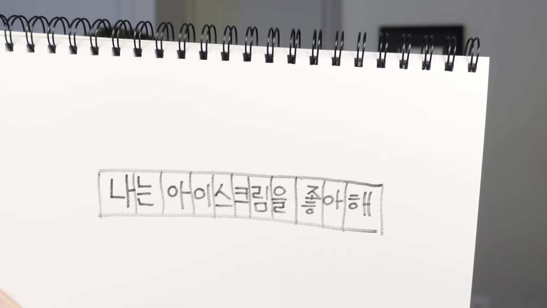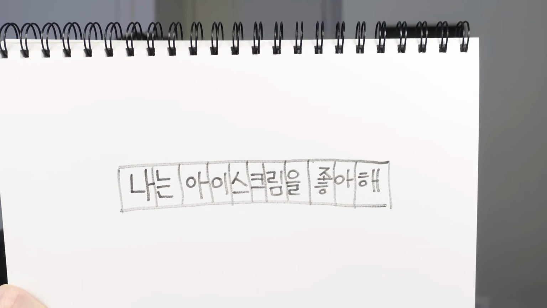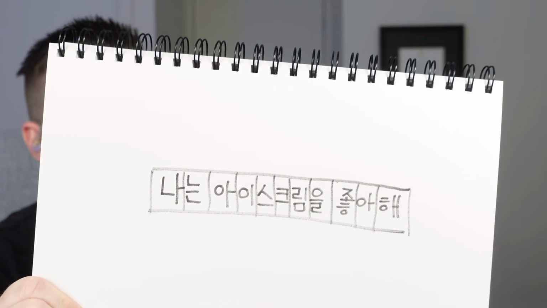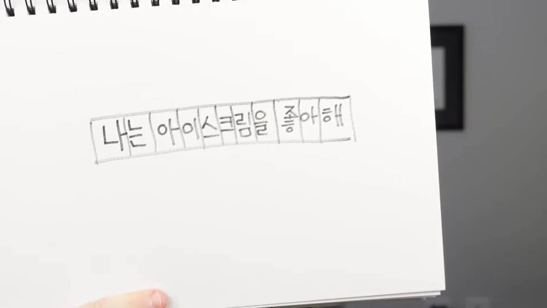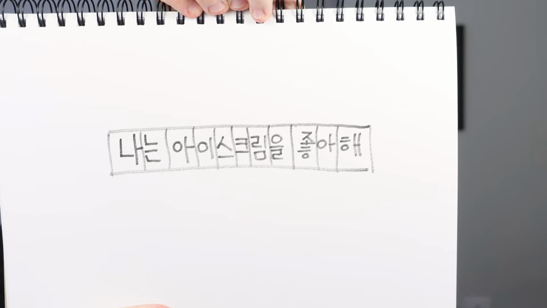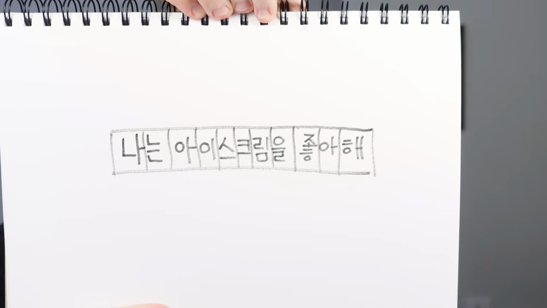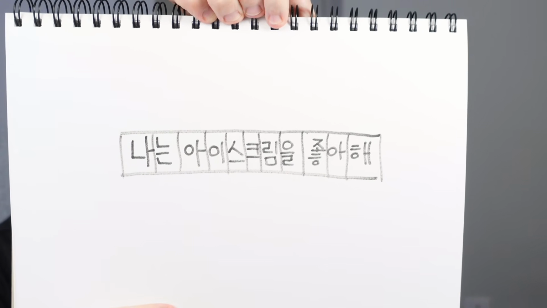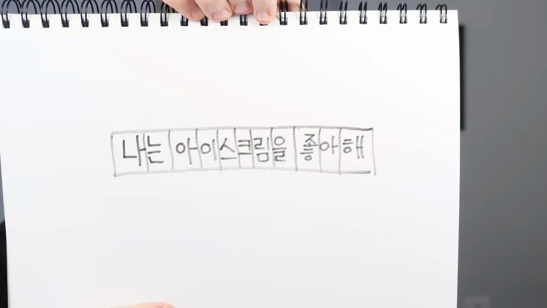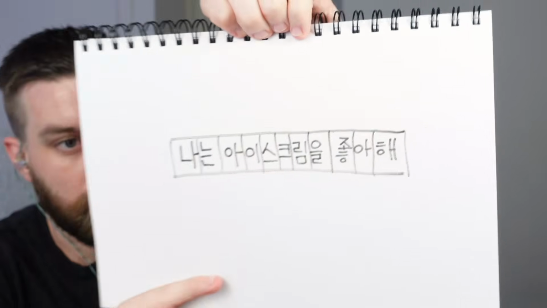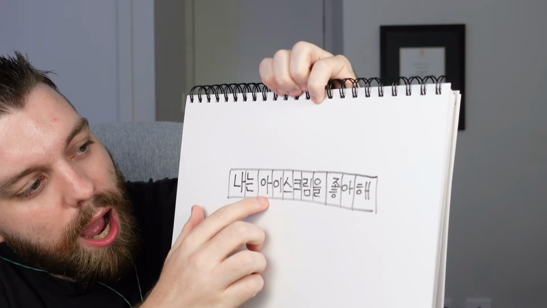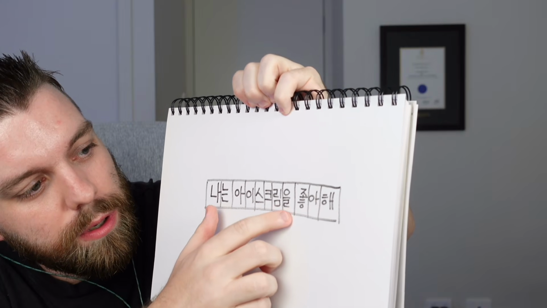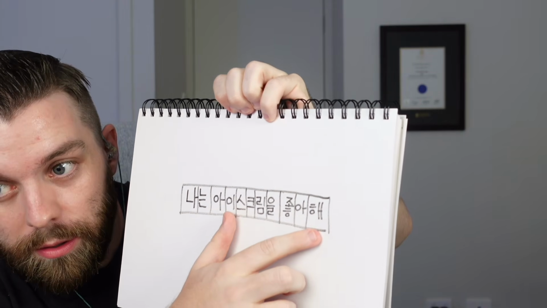Okay. This says 나는 아이스크림을 좋아해. This says I like ice cream. Notice though how Korean doesn't have tall letters, doesn't have short letters, doesn't have letters that go below the line. It's all separated into these syllable blocks. 나는 아이스크림을 좋아해.